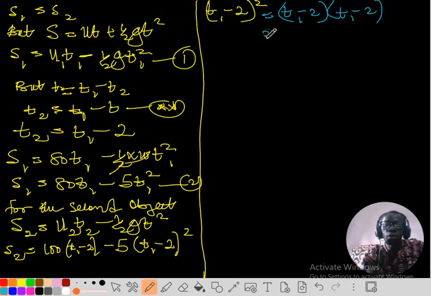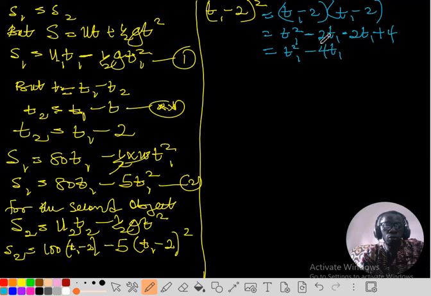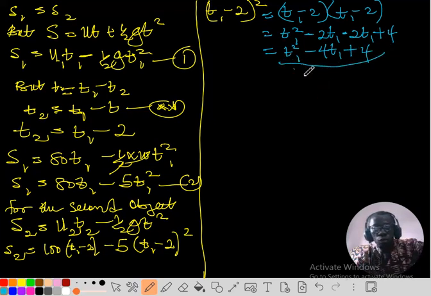So if you open the bracket, you have t1 squared, then t1 times this minus 2t1, this again times this minus 2t1, then minus times minus, which will give plus 4. Simplify this, so we have t1 squared minus 2t1 minus 2t1, then plus 4, that is t1 squared minus 4t1 plus 4. So anywhere we see t1 minus 2 squared, we replace it with this expression. So we'll come back to this part again.